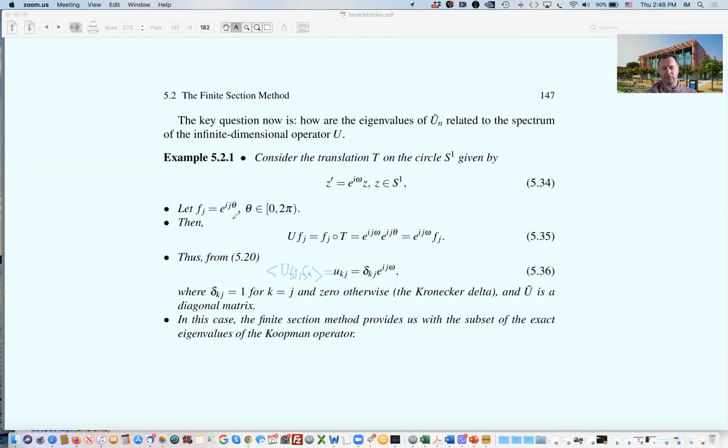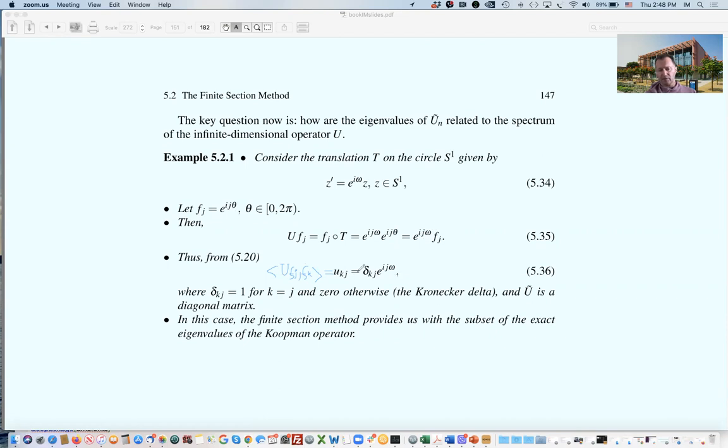They are of unit norm, and the inner product is 1 or 0, depending on whether a function is inner producted with itself or with any other basis function. So we get U_kj as this inner product. Since U fj is e to the ij omega fj, inner producting with fk gives us either 1 or 0, so we get delta_kj e to the ij omega.